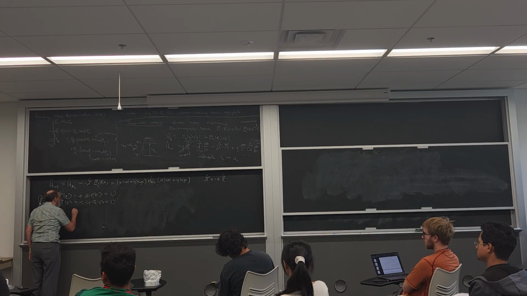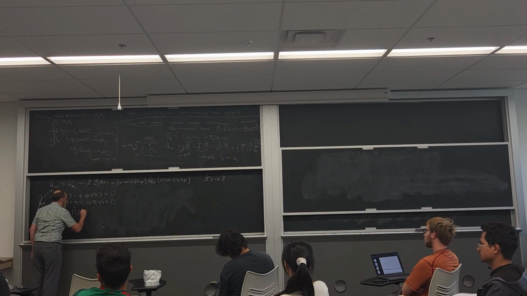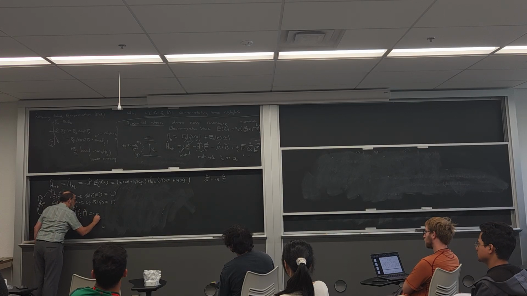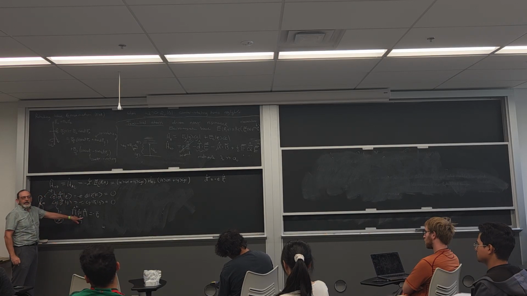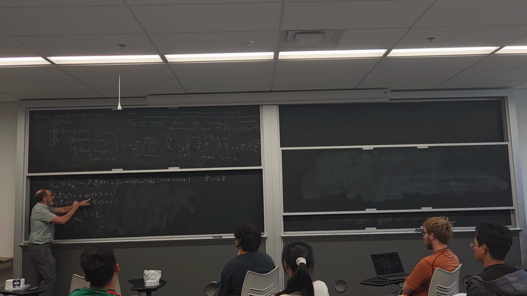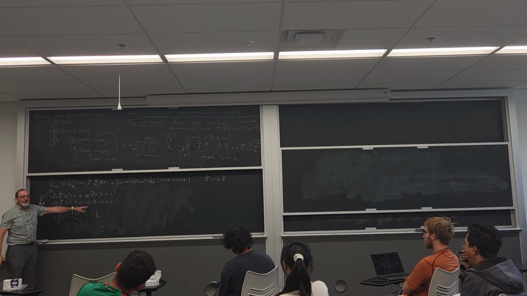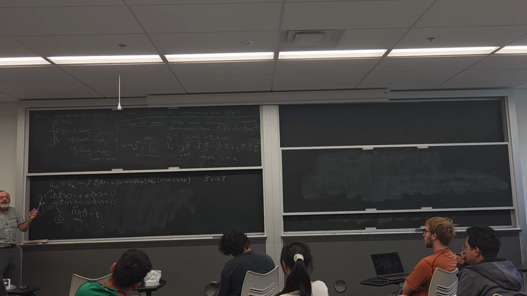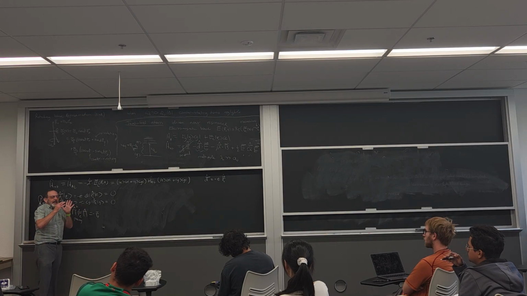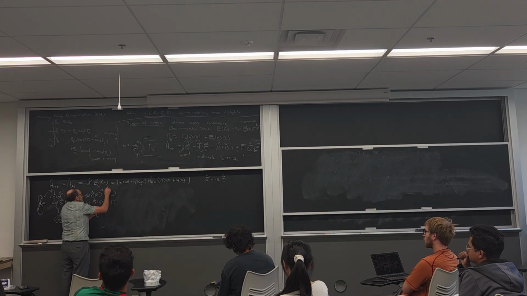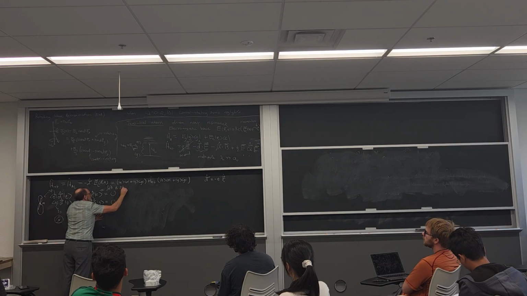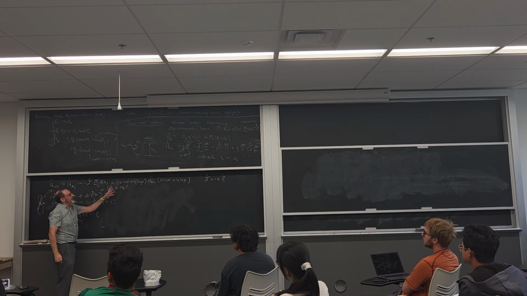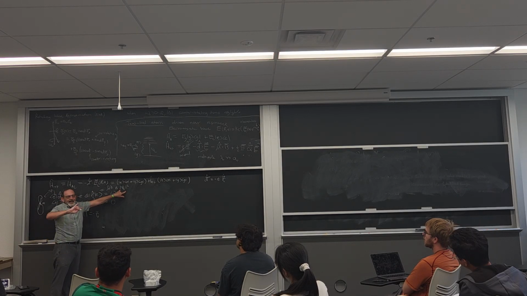If you look at the parity operator, which takes r to minus r, the operator r is odd parity, which means if I were to think about this in terms of an integral, this is going to be zero if this thing is symmetric when I change r to minus r.